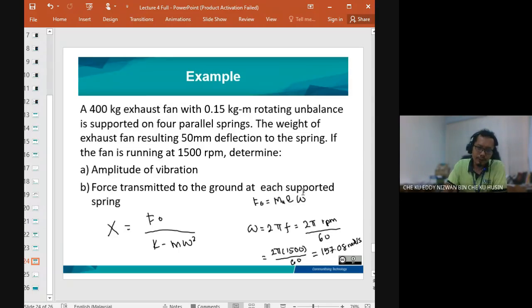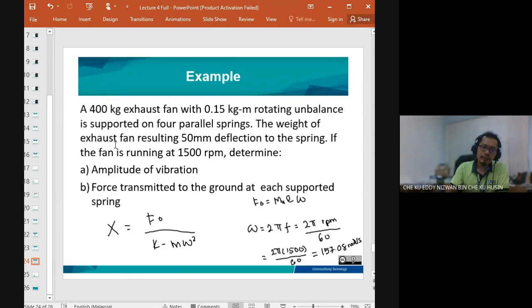Omega here is not directly given in radians per second, but in rpm, 1500 rpm. So you have to convert. Omega is equal to 2 pi f, where frequency is rpm divided by 60. So you get 157.08 radians per second.